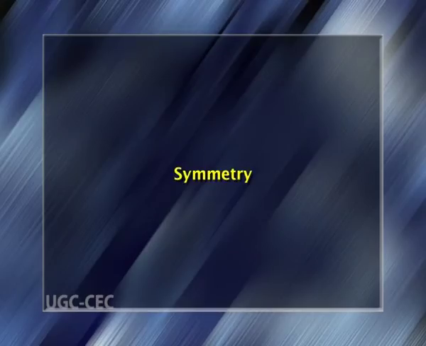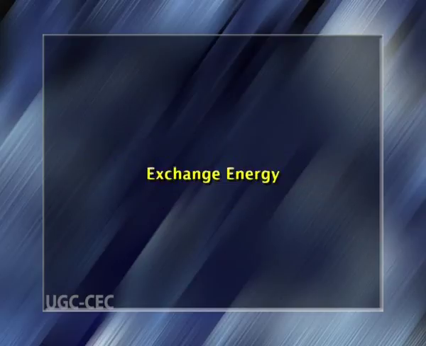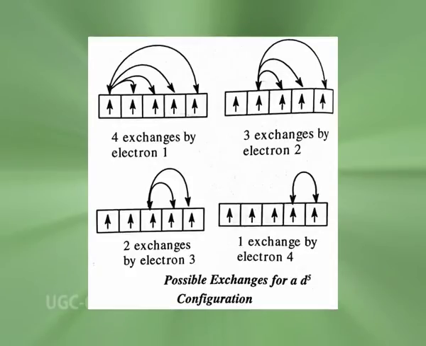The reasons for their stability are symmetry and exchange energy. First is the symmetry. The half-filled and fully filled orbitals are more symmetrical than any other configuration, and symmetry leads to greater stability. Second is the exchange energy. The electrons present in the different orbitals of the same subshell can exchange their positions.